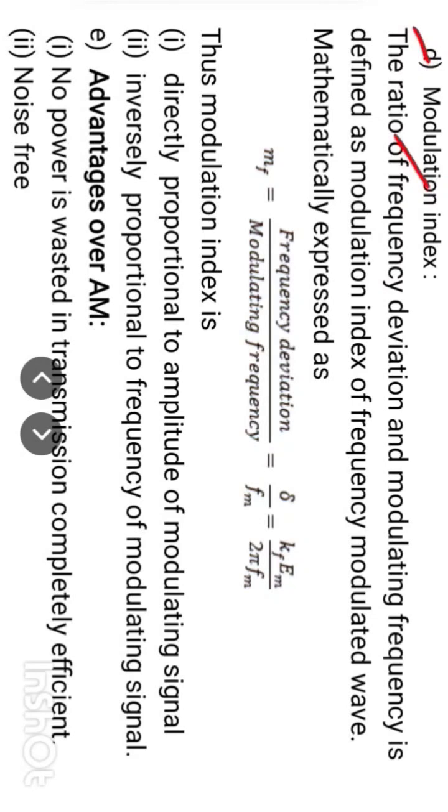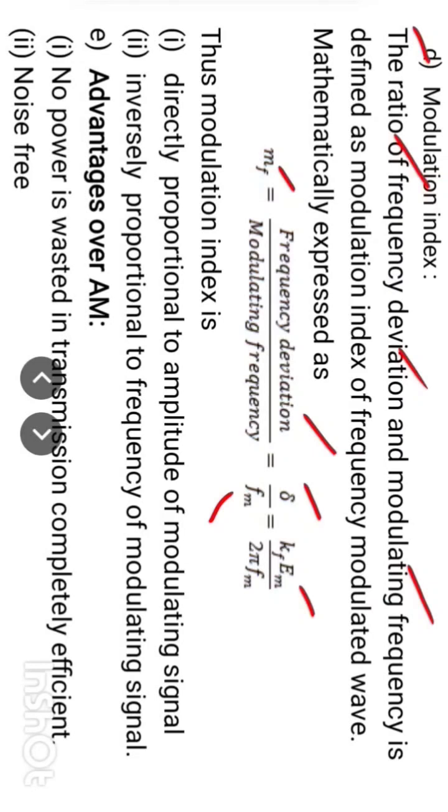The ratio of frequency deviation and modulating frequency is defined as modulation index of frequency modulated wave, and mathematically expressed as m_f = frequency deviation divided by modulating frequency, that is δ/f_m, and it is equal to k_f E_m/2π divided by f_m. Finally, modulation index m_f = k_f E_m/(2π f_m).